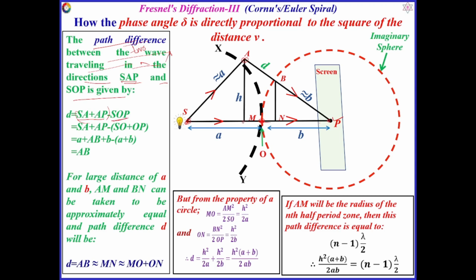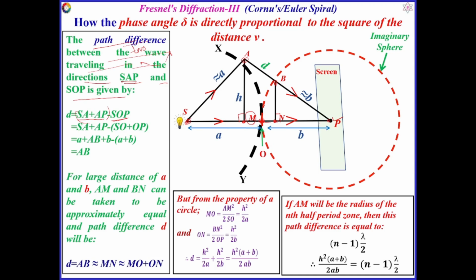This is your M point. If I draw a perpendicular from this point, this is your M point, and from point B if I draw the perpendicular, this point is your N, and this connection of the first half period zone is your O point.